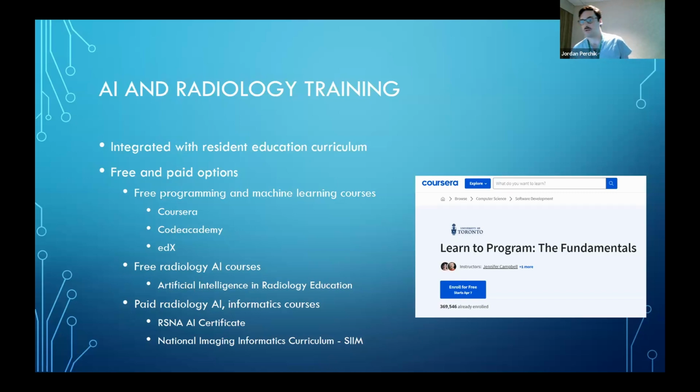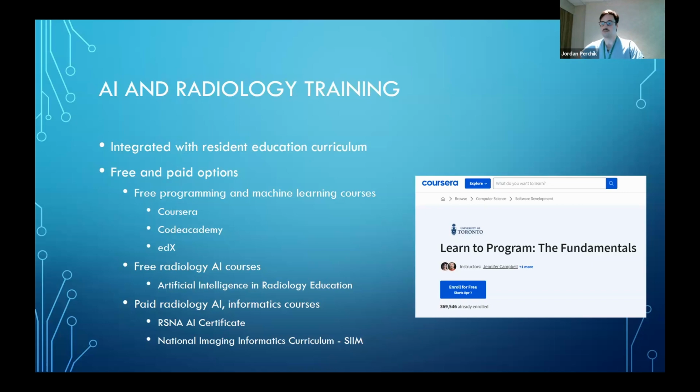So there are resources for our residents and for trainees at any level, and practicing radiologists, to gain more familiarity with the fundamental concepts of AI. These are free and paid options. For individuals who are looking for more experience with computer science, programming, dedicated machine learning courses, there are options through Coursera, Codecademy, edX.